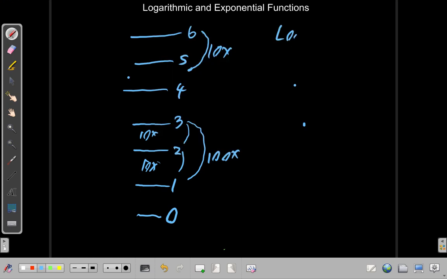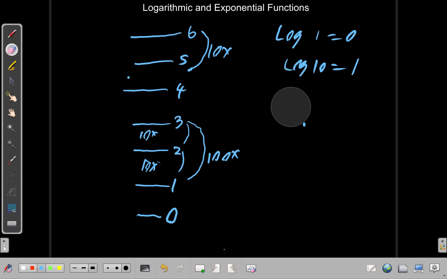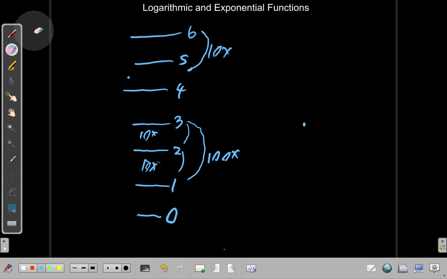So log 1 is 0, log 10 is 1, let me write it going upwards like this scale that we have here. Log 1 is 0, we cannot have a log 0.